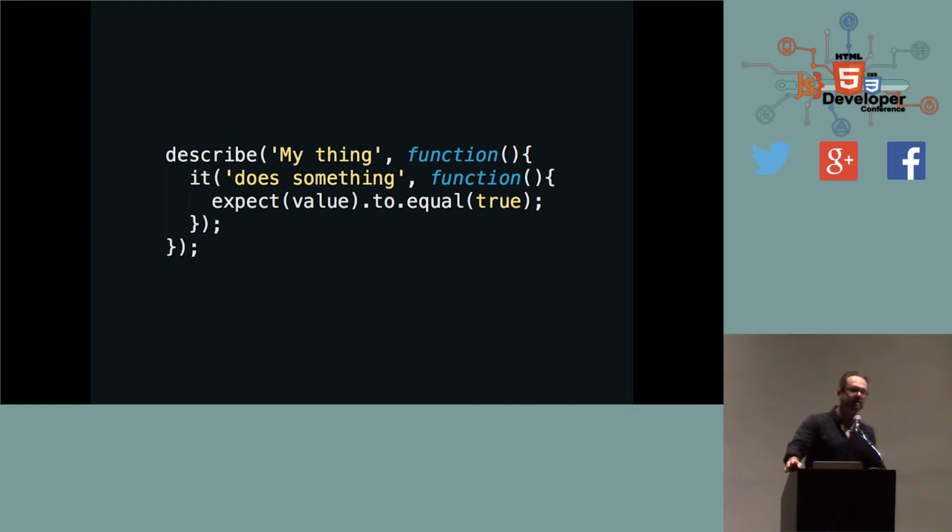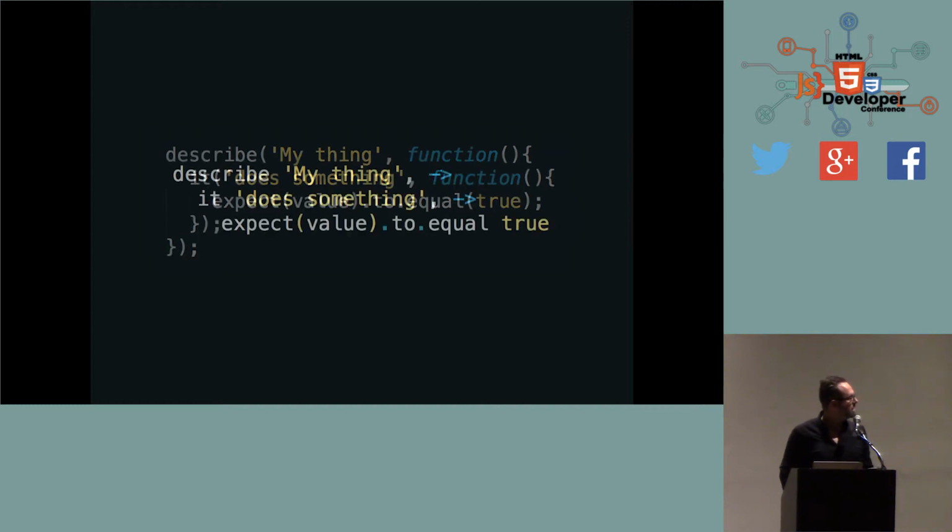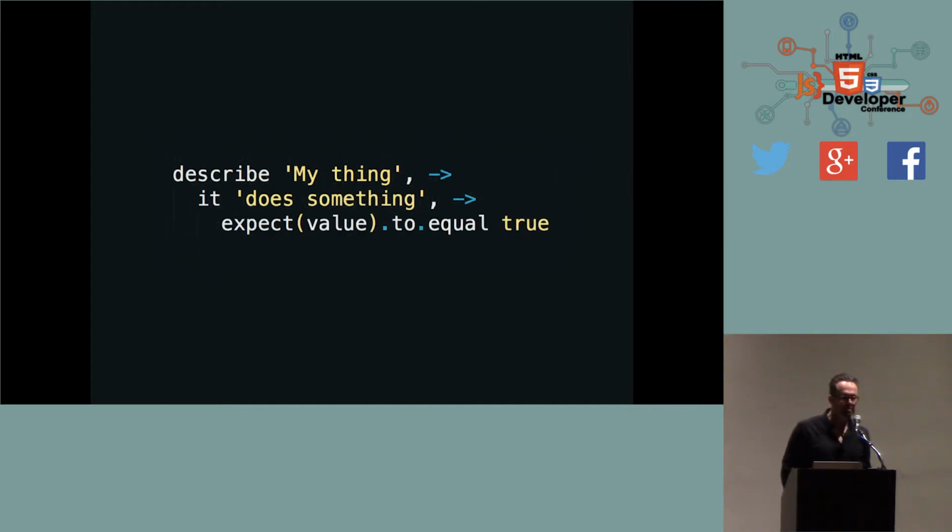We get this semantics given when then, in this case, describes something, it does something, and then we can run some code inside there and assert it. So that's in JavaScript. I prefer the CoffeeScript version of this. Describe my thing, it does something, and then I expect something will happen.